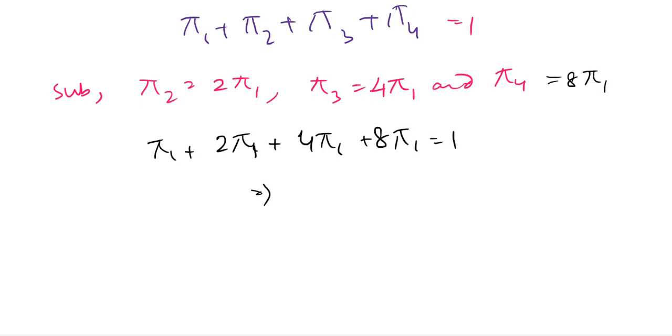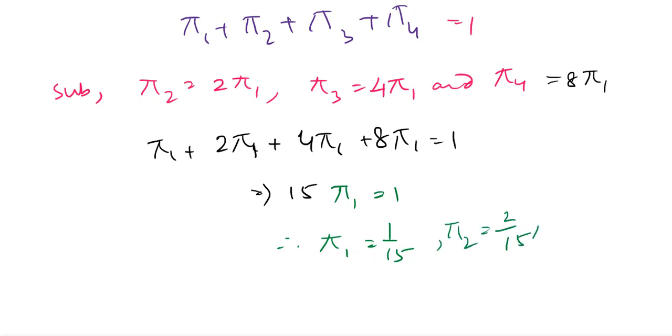So 15 pi 1 equals 1, so pi 1 equals 1/15. Thus pi 2 equals 2/15, pi 3 equals 4/15, and pi 4 equals 8/15.